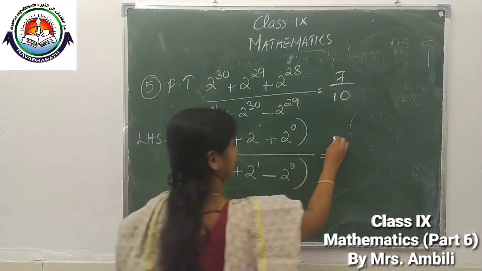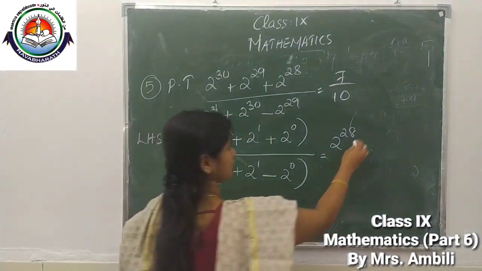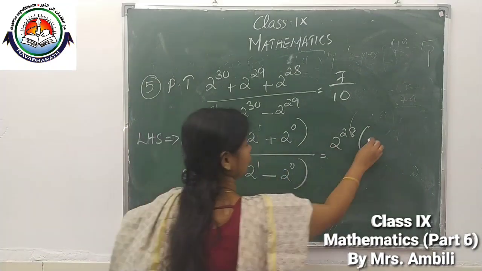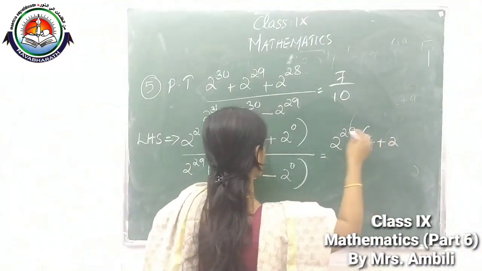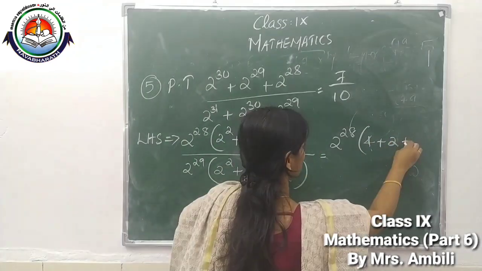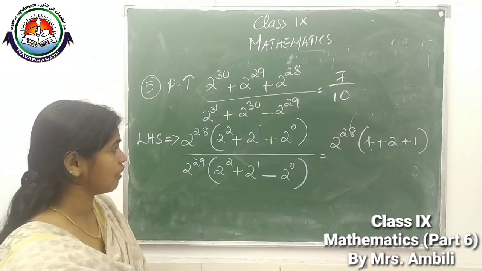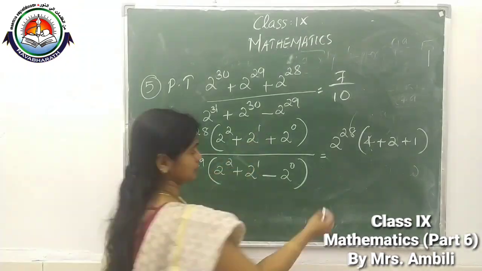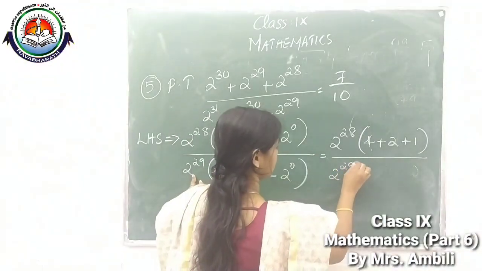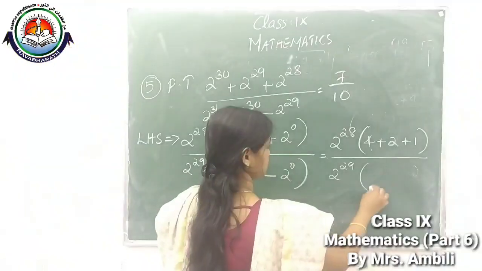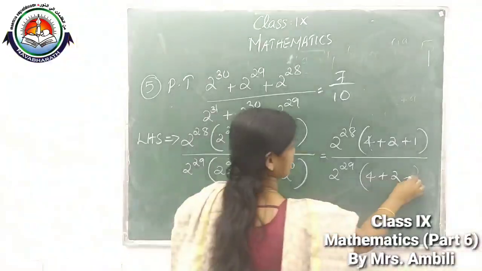So here you look, how can we change? 2^28. Here 2^2 is 4, plus 2^1 is 2, plus 2^0 is 1. 2^0 is 1, 2^1 is 2, divided by, here you look, 2^29. Here 2^2 is 4, plus 2, minus 1.